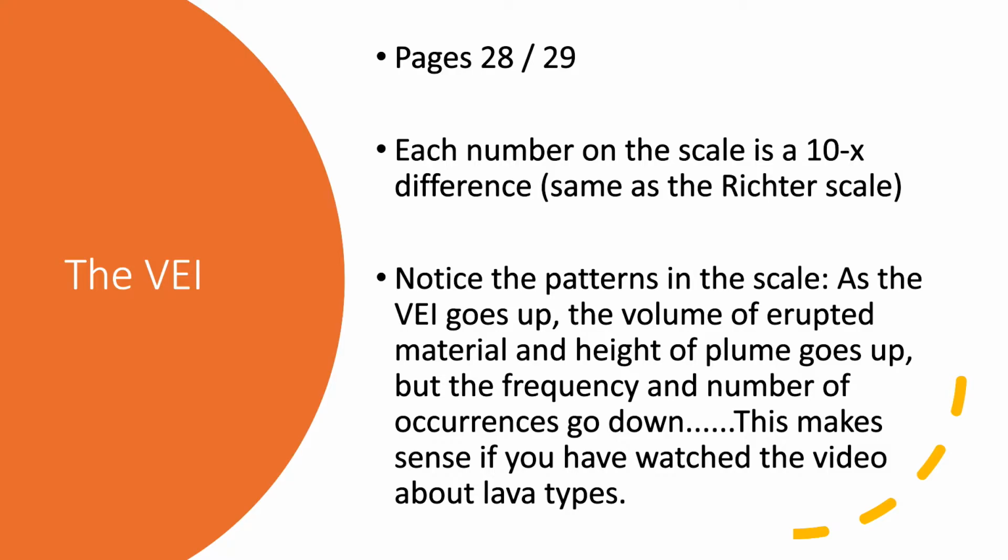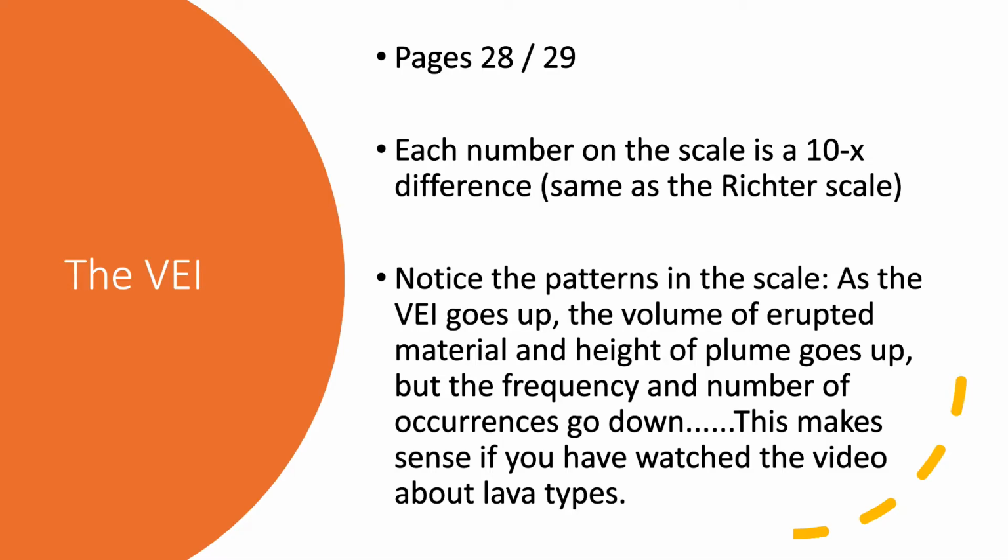That is very similar to the Richter scale, and I will teach you properly about logarithmic scales when we get to earthquakes. Some of you might know about logarithmic scales from maths or physics already.